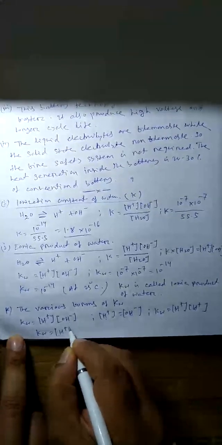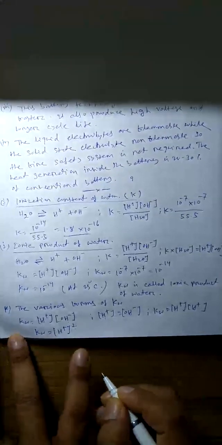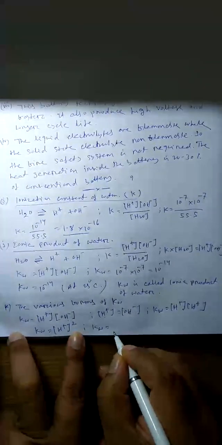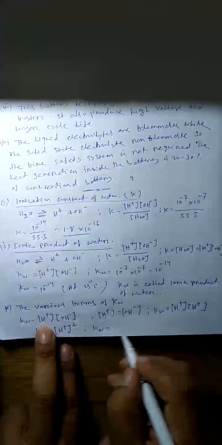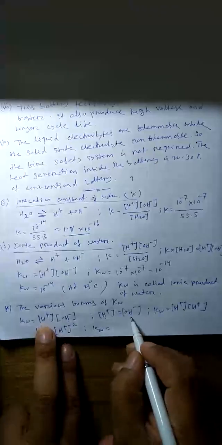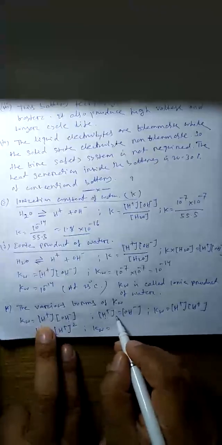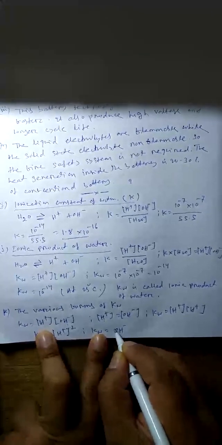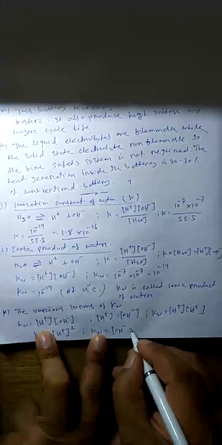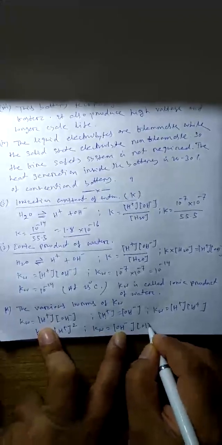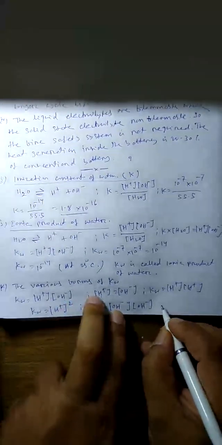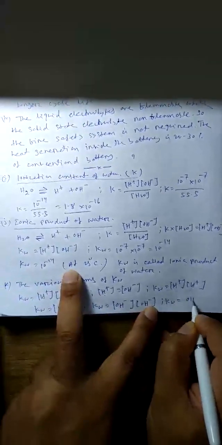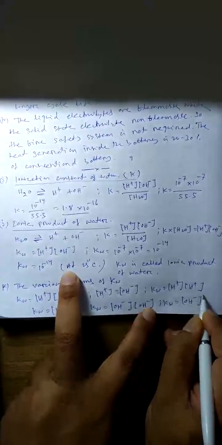So Kw is equal to H plus concentration squared. Similarly, in place of H plus concentration I can write OH minus concentration, because both are the same. So Kw is equal to OH minus concentration squared.